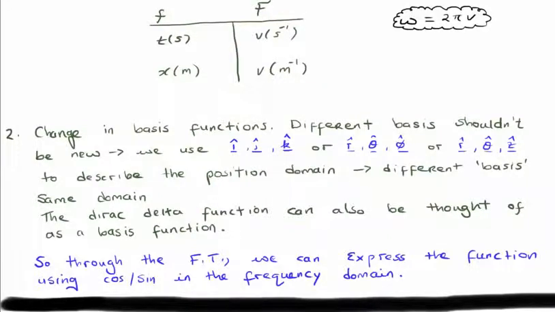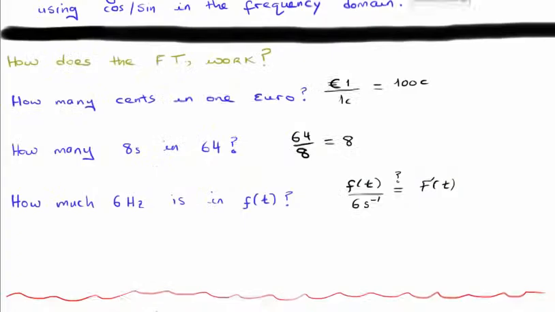Cosines and sines can be used to express points as well, because they are mathematically orthogonal to each other. We know, of course, that physically i, j and k are perpendicular or orthogonal to each other, but mathematically cosine and sine can be shown to be orthogonal to each other, and therefore offer the possibility of using those as a way of expressing every point in your space, namely frequency space.